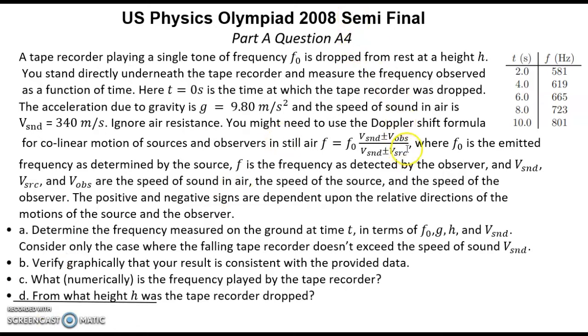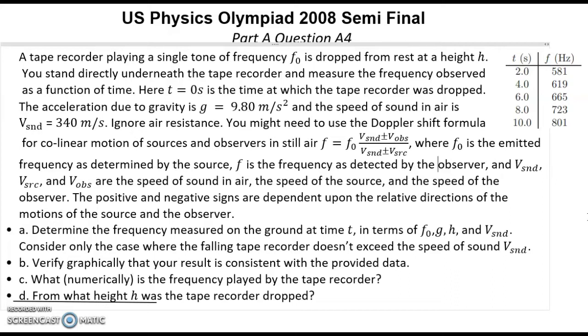This is the formula, where f0 is the emitted frequency as determined by the source, f is the frequency as detected by the observer, and v sound, v source and v observer are the speed of sound in air, the speed of the source and the speed of the observer. The positive and negative signs depend upon the relative directions of the motions of the source and the observer.